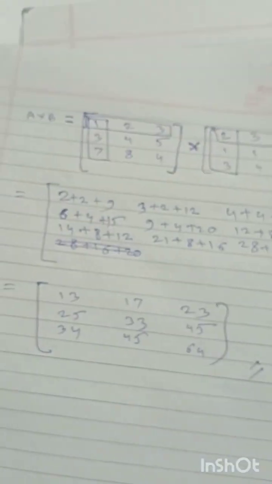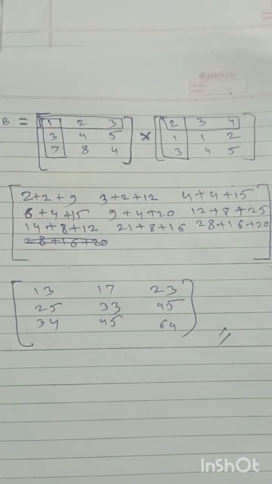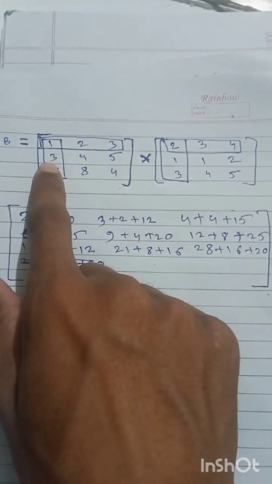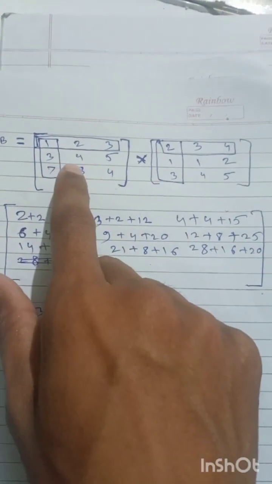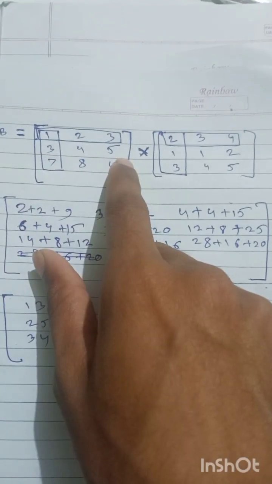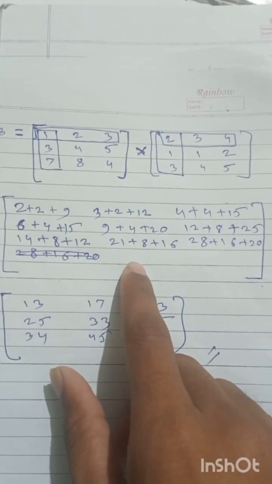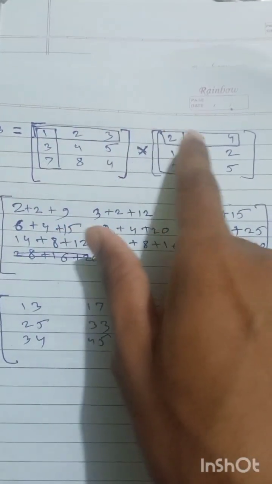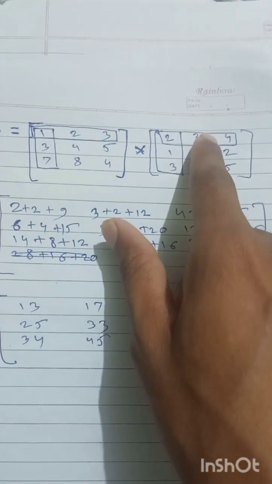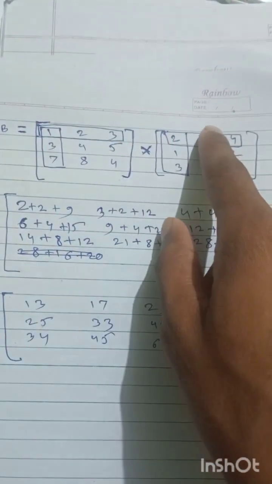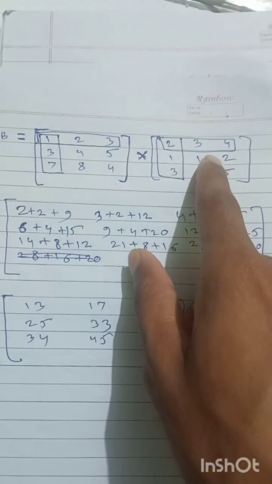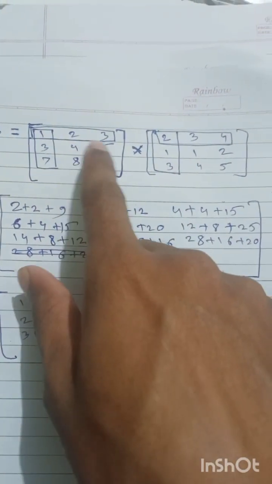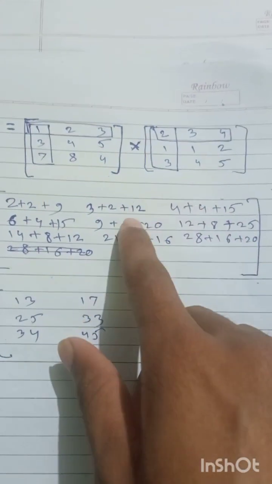After that, the same for the first row with the second column: 1 2 3 is multiplied by 3 1 4. 1 into 3 is 3, 2 into 1 is 2, 3 into 4 is 12, right here.